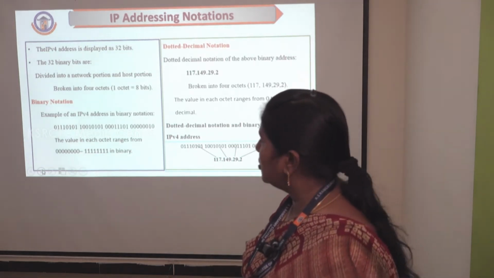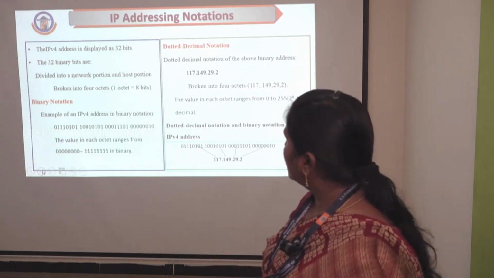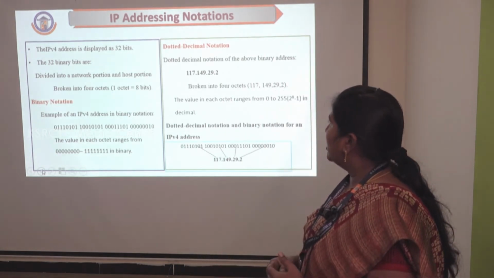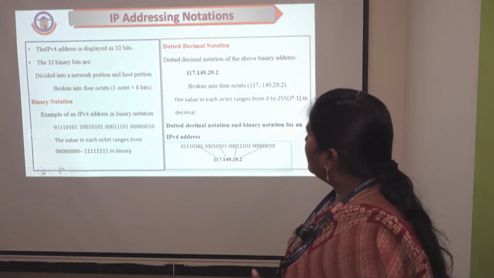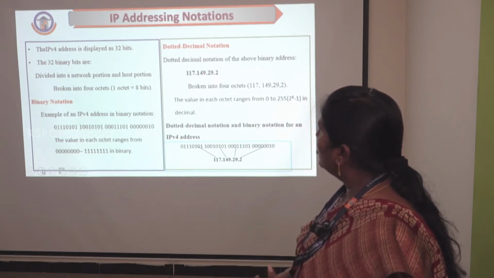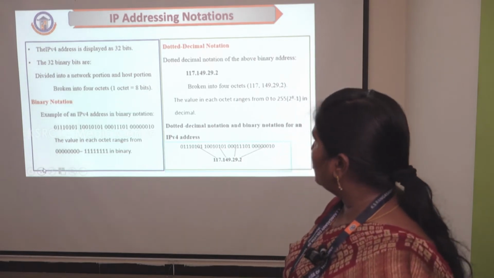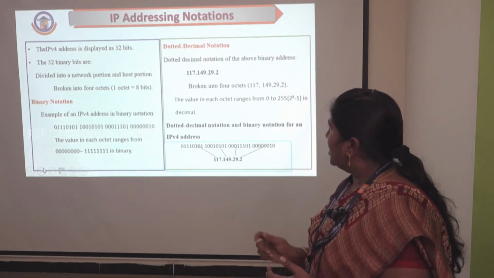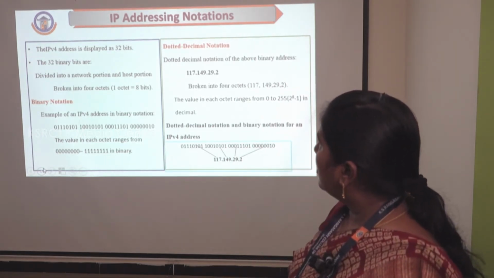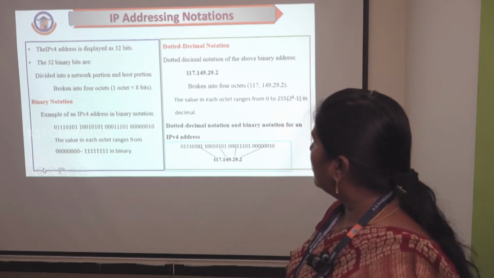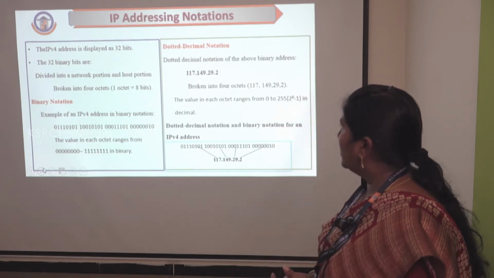In decimal notation, the same address is given in dotted decimal form. The value in each octet can vary from 0 to 255. For example, 117.149.29.2.